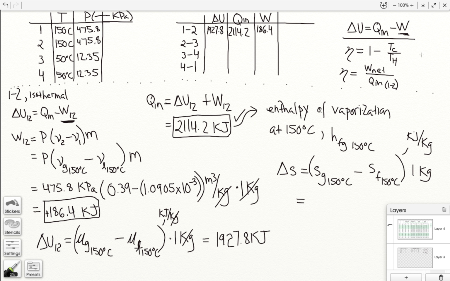So here we are going to get the change in entropy in this process was approximately 5 kilojoules per Kelvin. And we will use this later. So I'm going to just have a column here where we're tracking, and this is kilojoules per Kelvin. So here it was a positive 5. Okay, so now let's go work on the process from 2 to 3.